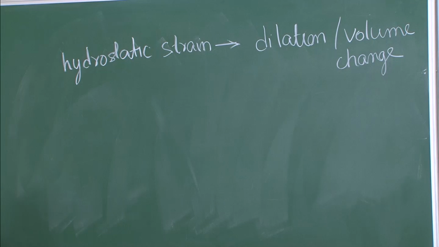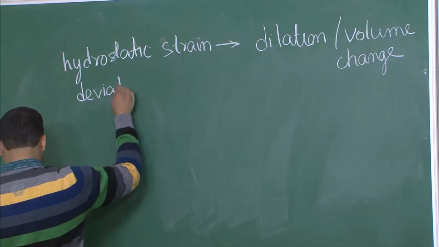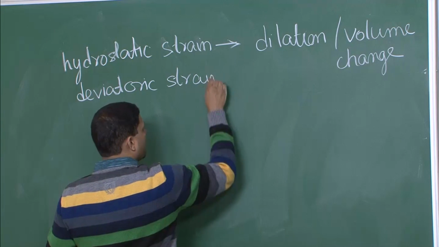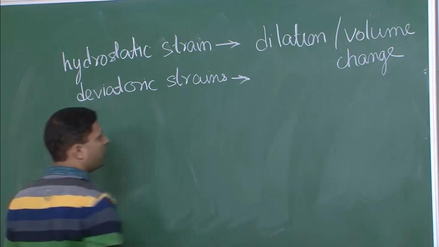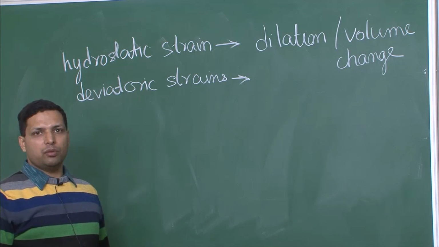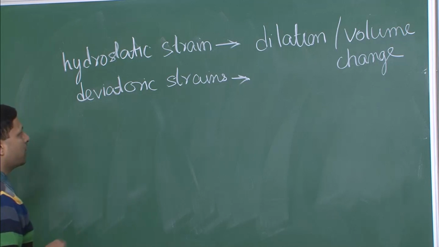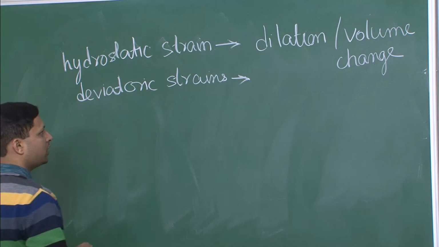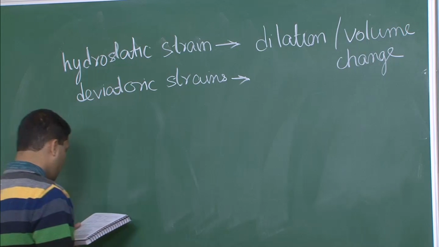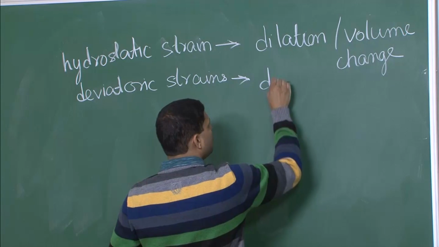And the deviatoric strains, because we are going to deal with deformation, we need to understand which component actually causes volume change, and that is why we are listing it out here. So, there are two main components of strain, hydrostatic strains and deviatoric strains. Hydrostatic strains cause dilation or volume change. On the other hand, deviatoric strains or shear strains cause distortion or shape change.